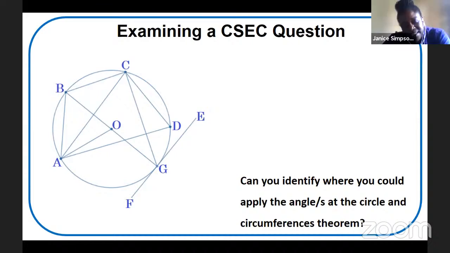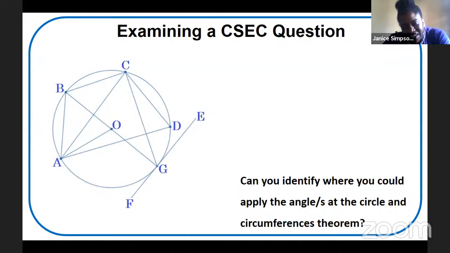Okay, BCG. All right, so BCG is the angle at the circumference of the circle standing on the chord BC. So I see that. All right, now can you give me the labeling for the angle at the circumference that is standing on that same chord BC?